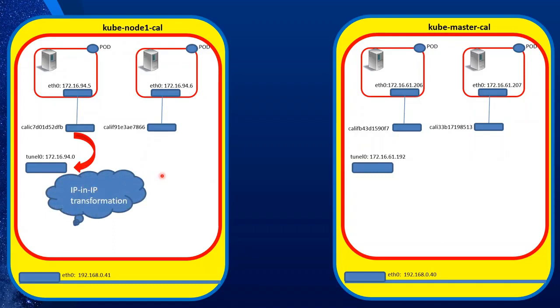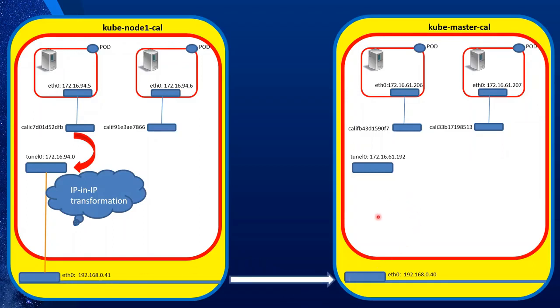It creates an IP header and encapsulates everything inside that IP, and then uses its own IP address as the source, so it masquerades this IP address, and sends it through this interface of the node to the other node.